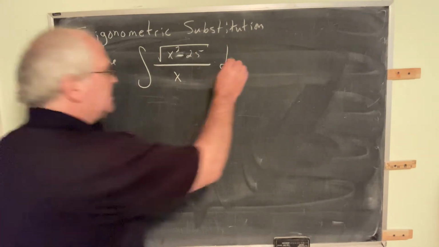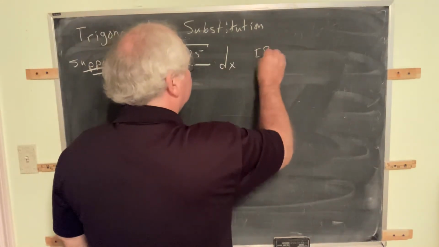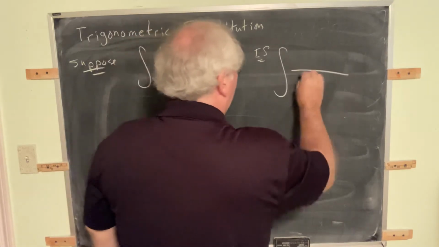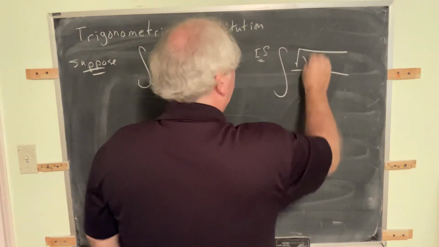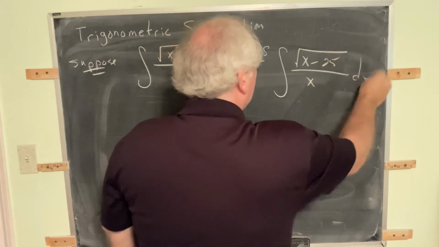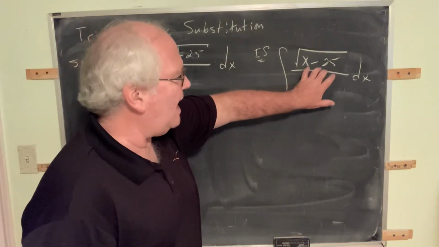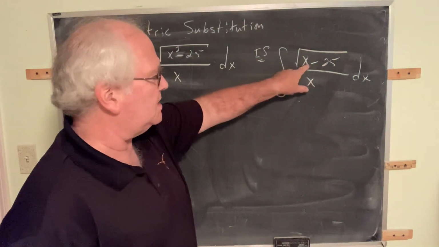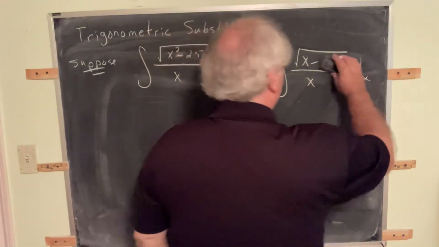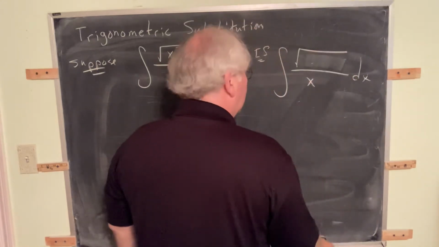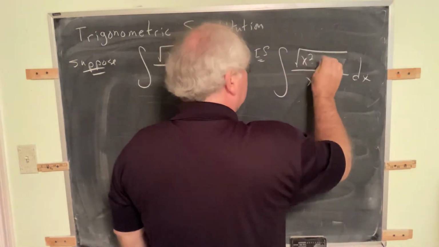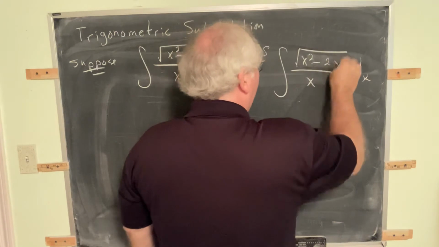If this had been the square root of x, and we have the square root of x minus 25, in the strictest case, this still could be done, but this might not be the pitch you want to take because this isn't a square. Or suppose this were x squared minus, let's say, 2x.